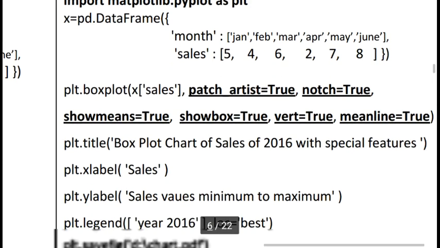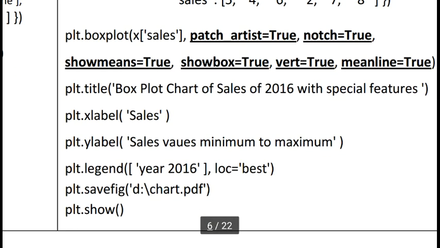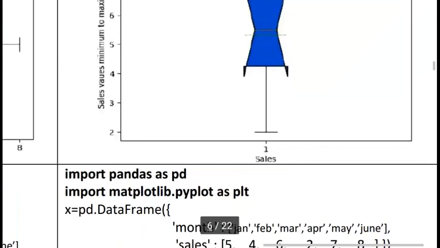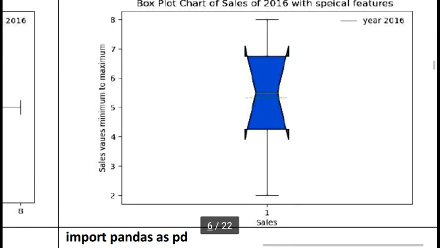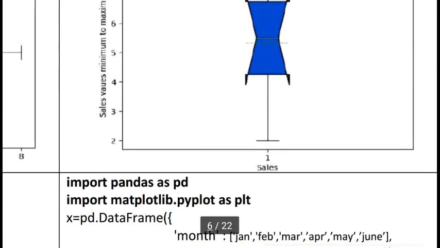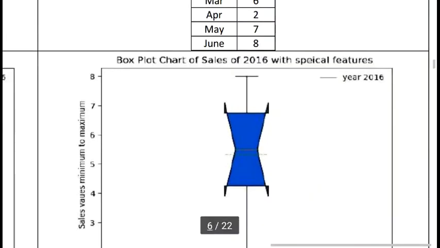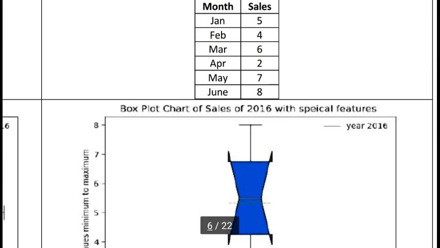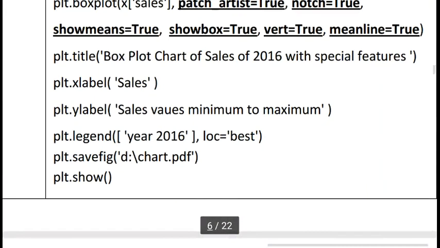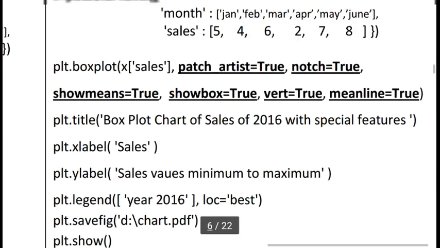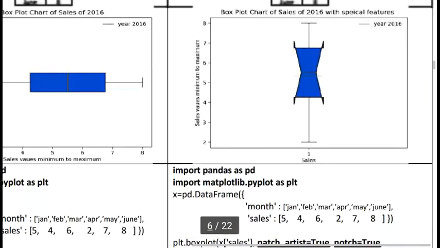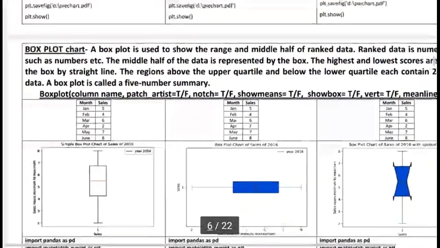Okay, other things: plt.title, xlabel means x axis title, ylabel means y axis title, sales minimum, and sales, this is your x axis. Legend: year, you know, year 2016, this is our legend. Okay, and I want to save this and plt.show. So I have used all the parameters of box plot, you can see.